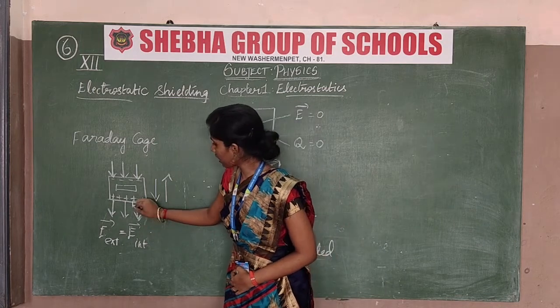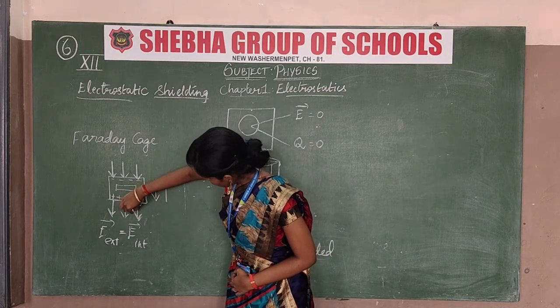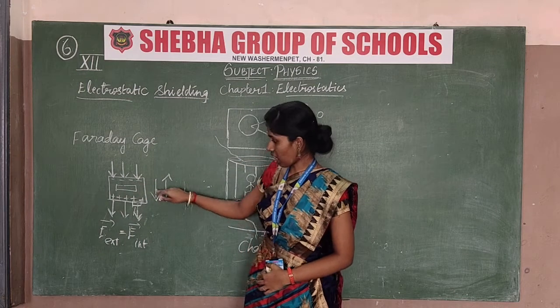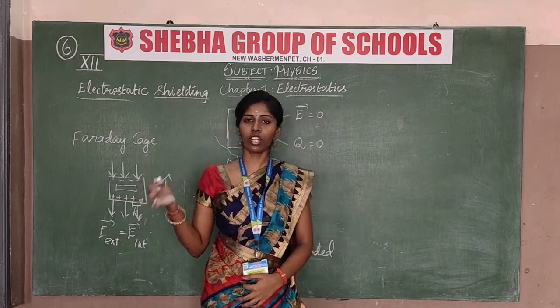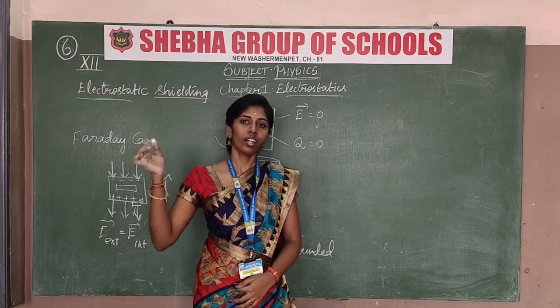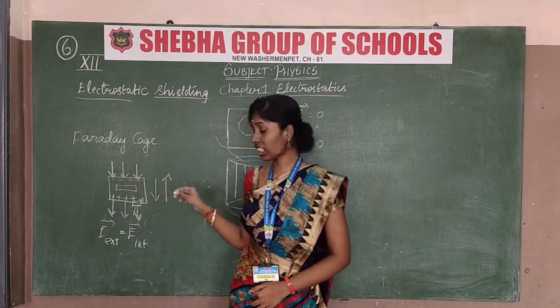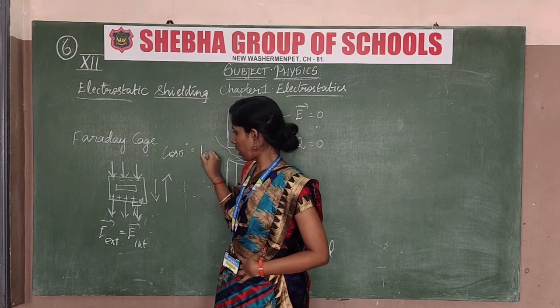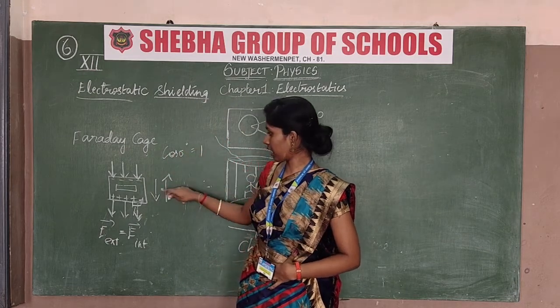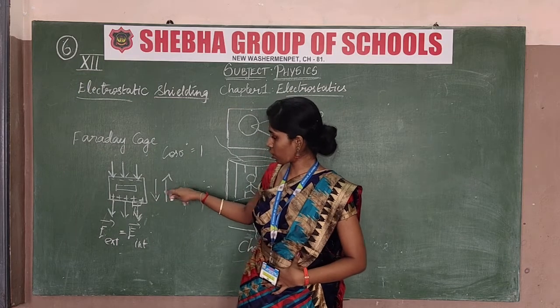Its area is perpendicular to this, so its direction is the opposite direction. So theta is 0 degrees, and cos 0 degrees is equal to 1, right? So it's directly proportional in this diagram.